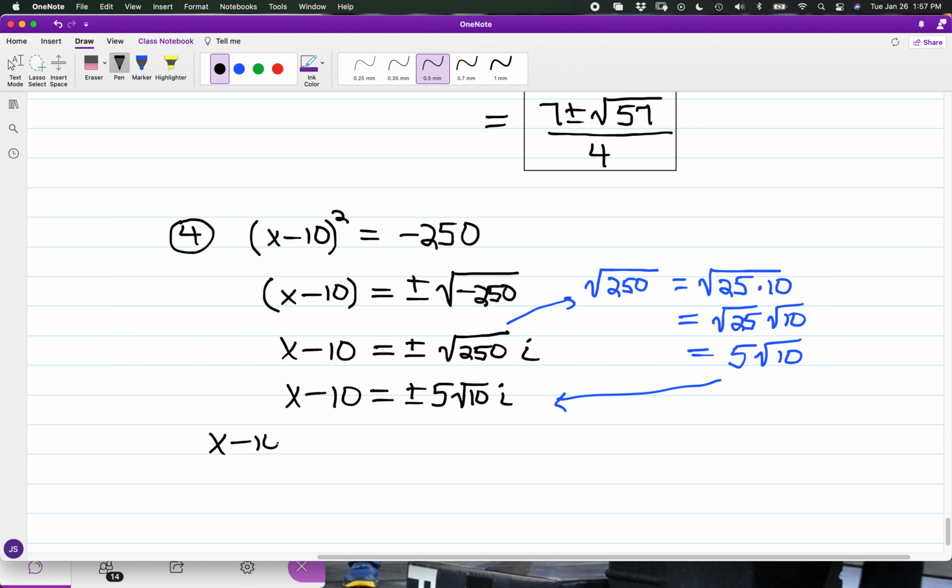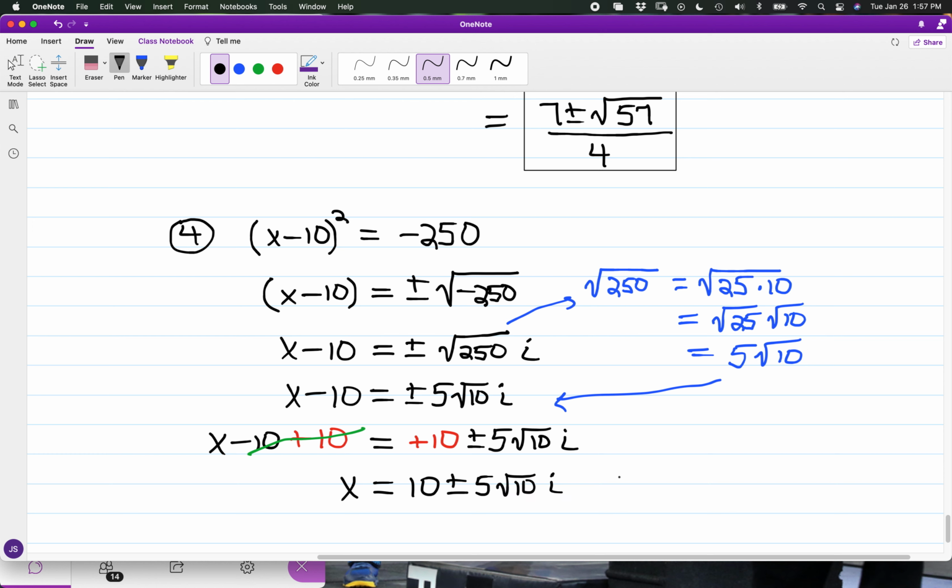And looking at isolating x, I have x minus 10. If I add 10, on the other side I'm just going to have the 10 out in front. So x is equal to 10 plus or minus 5 times the square root of 10i.